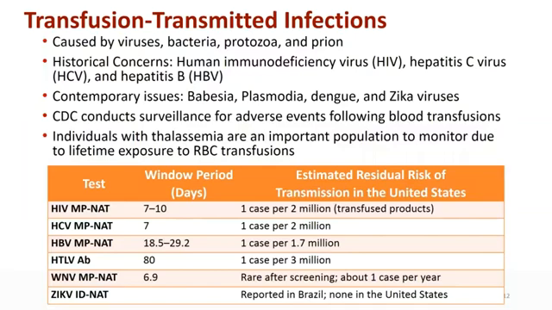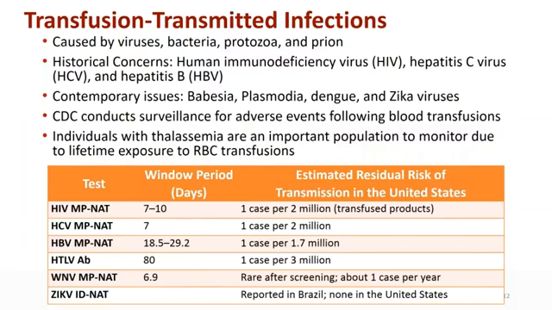And the thalassemia population, because of their exposure rate, is a critical group to monitor over their lifetime to determine what infections they're at risk for. Here you can see some of the CDC results using very specific nucleic acid testing or molecular testing and what the rate of infection is in patients who have during that safety window.